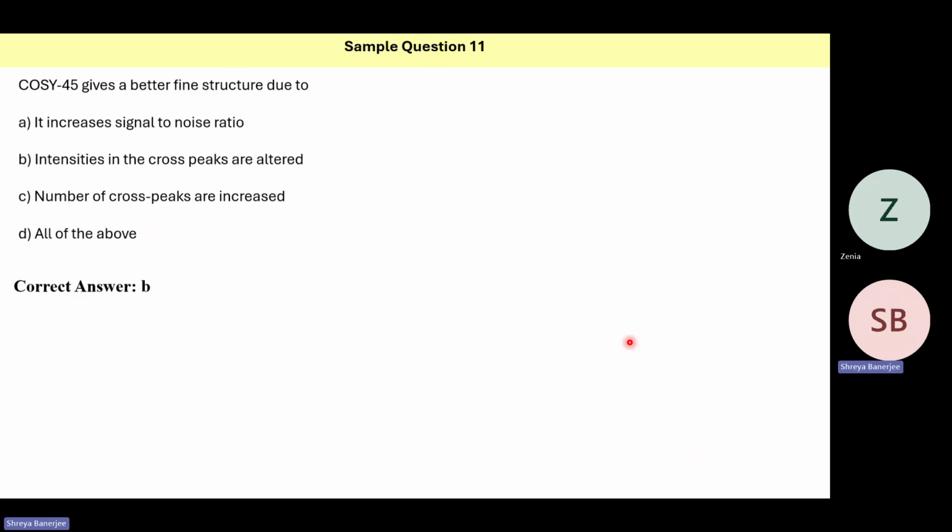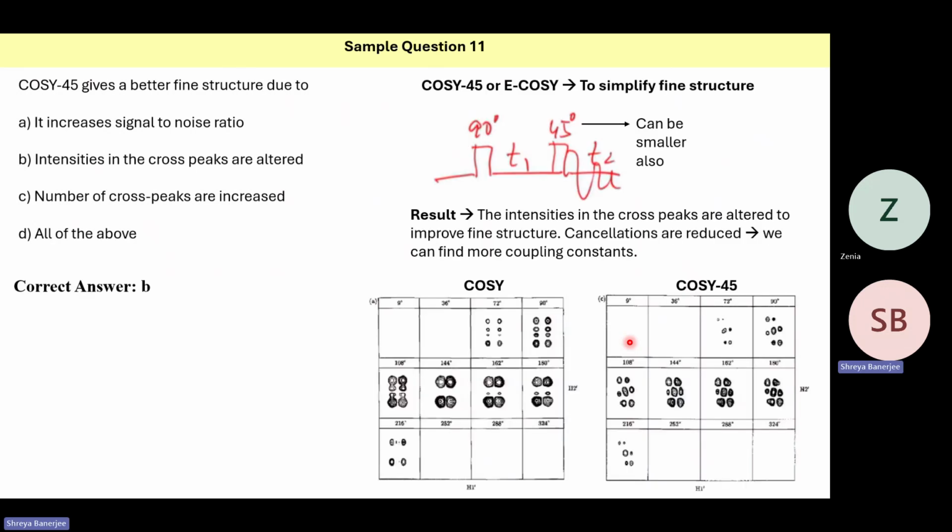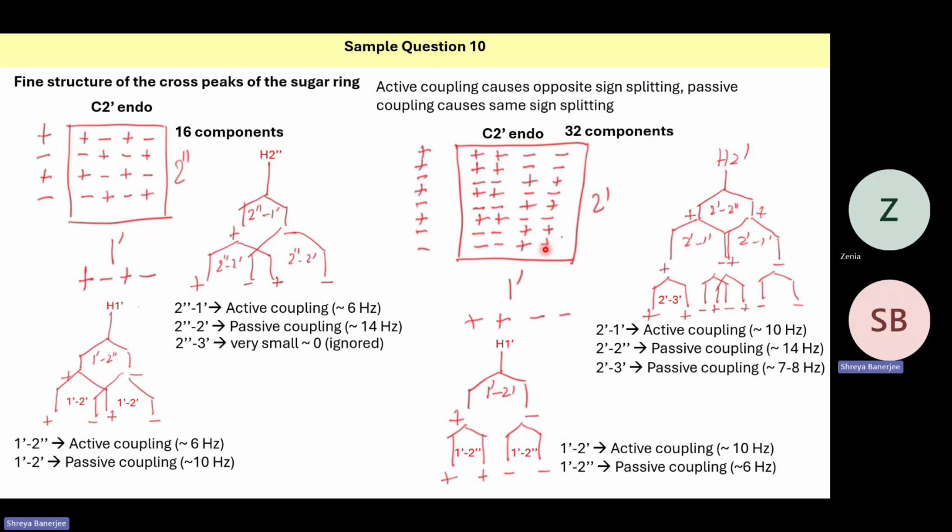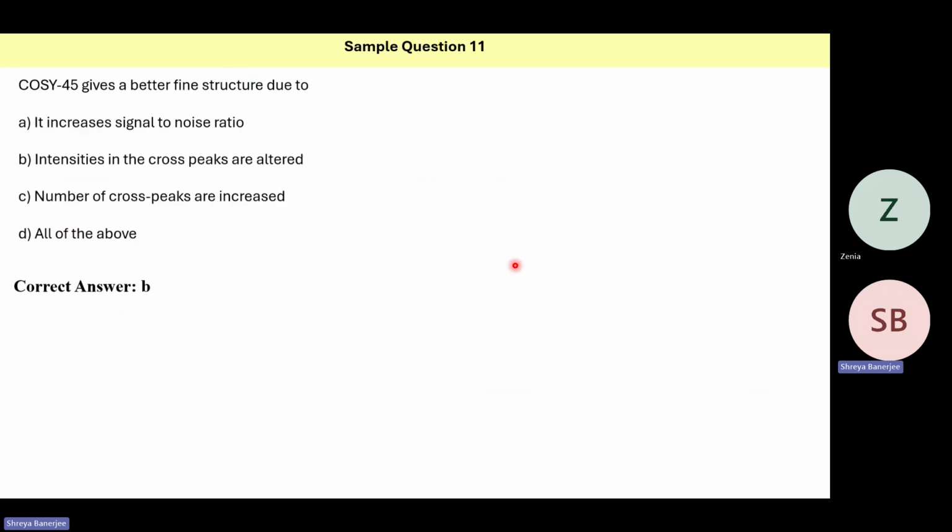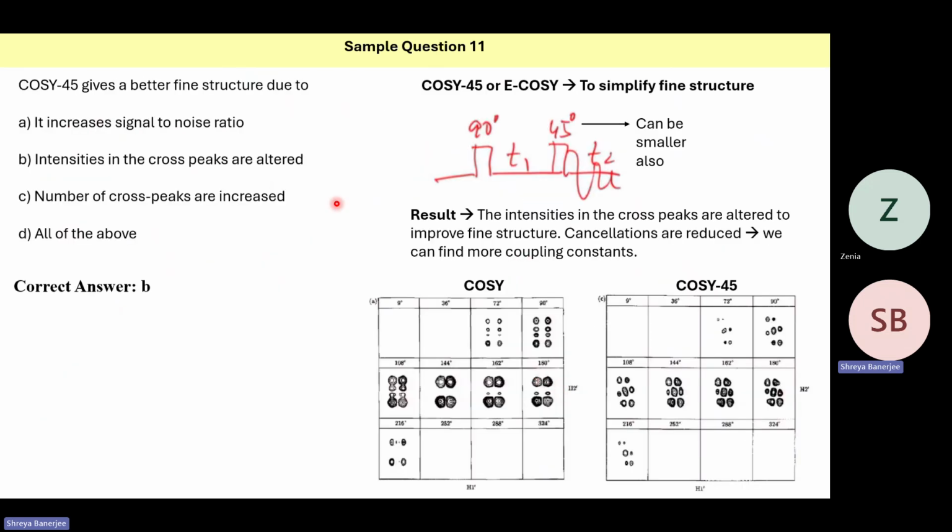So here the answer is intensity of the cross peaks are altered. So basically, it has nothing to do with signal to noise ratio. What happens is that in COSY, a lot of the cross peaks were getting cancelled out since they were of opposite phases. You can see there were opposite signs. So a lot of the cross peaks were getting cancelled out.